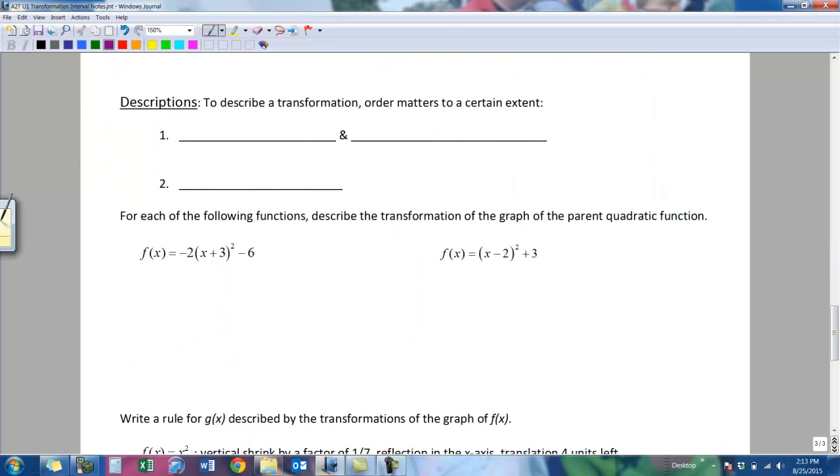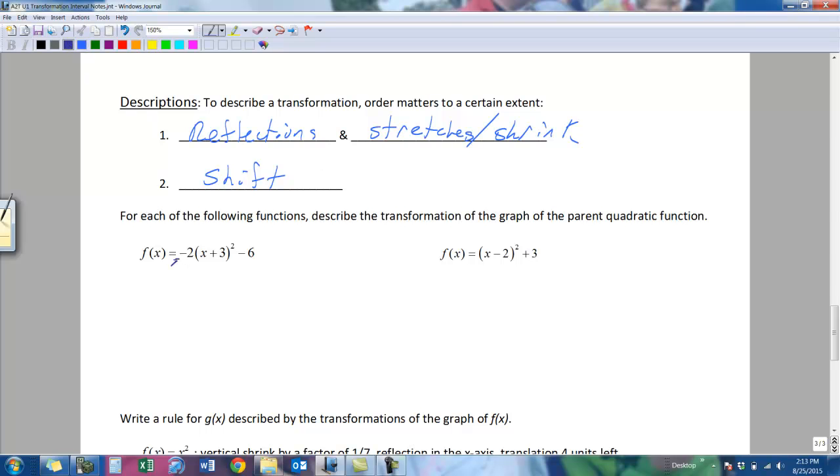Now, when we're describing transformations, how a parabola changes from the parent graph, order does matter. The first things you have to list are the reflections and stretches or shrinks. Then after that, you describe the shifts, be it vertical or horizontal. So for example, let's describe the shifts here.